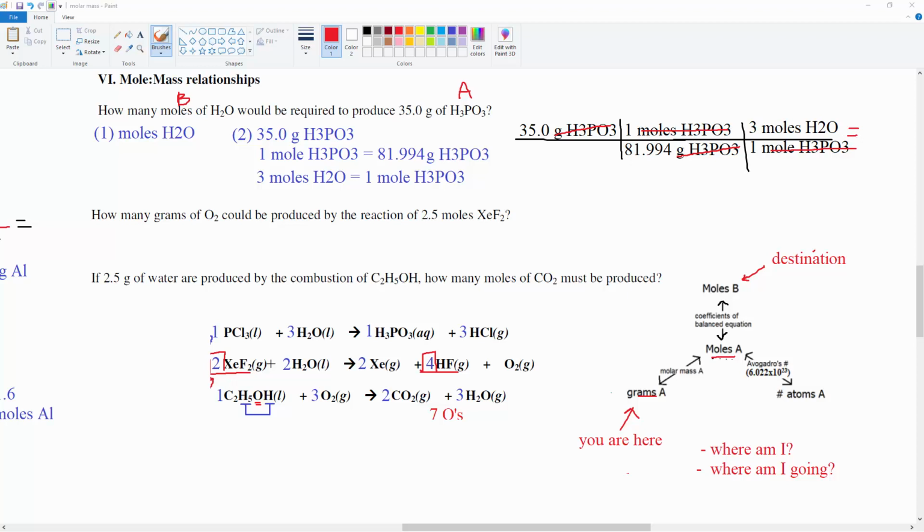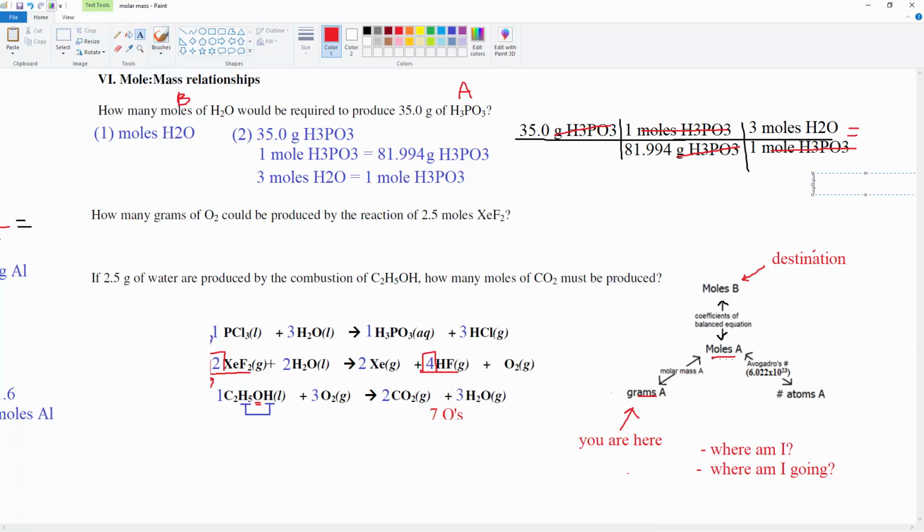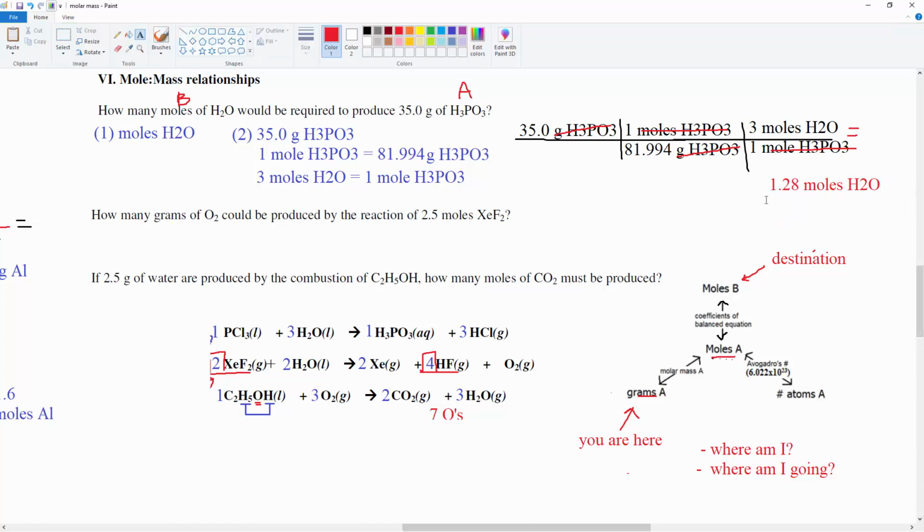And when I plug this in, 35 divided by 81.994, multiplied by 3, I get 1.28 moles of water. And again, this first part was just the molar mass conversion that we did on Tuesday.